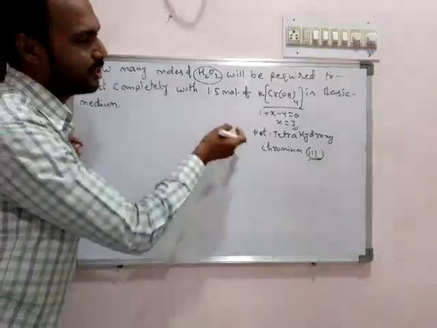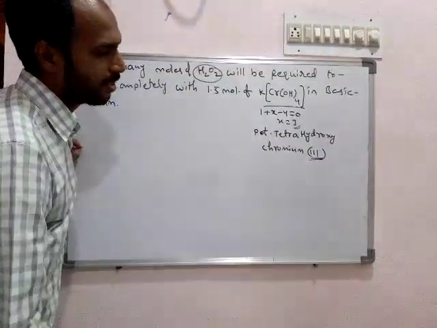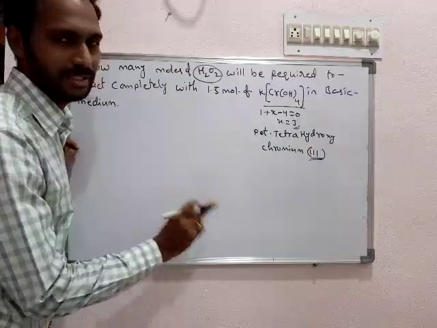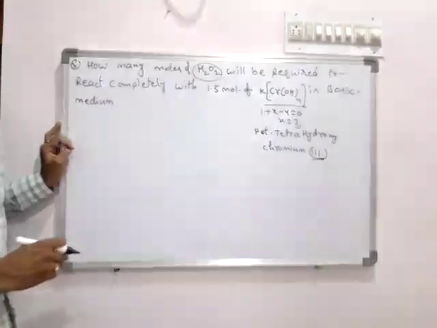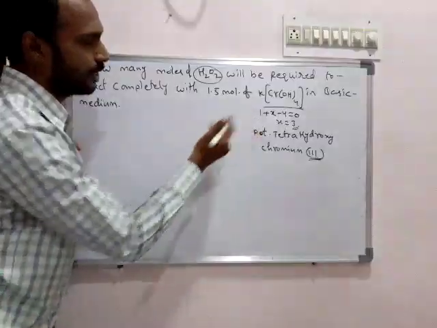In the presence of hydrogen peroxide, this is changed to chromate ion.